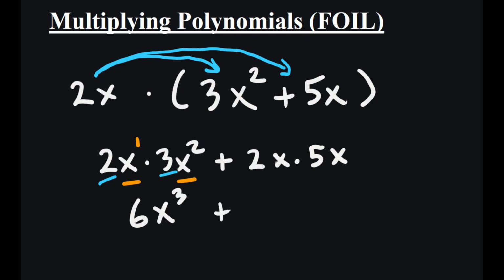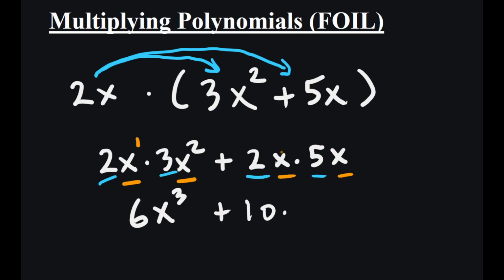And same thing over here, 2x times 5x. So what is 2 times 5? We'll do the coefficients first. 2 times 5, that is 10. Times, now what is x times x?